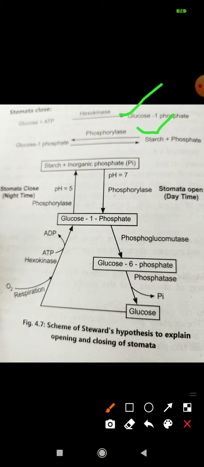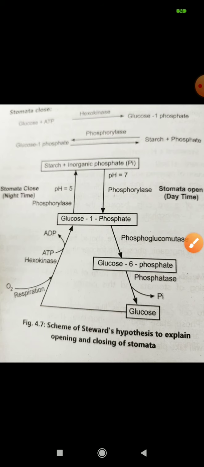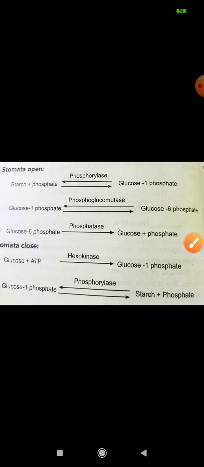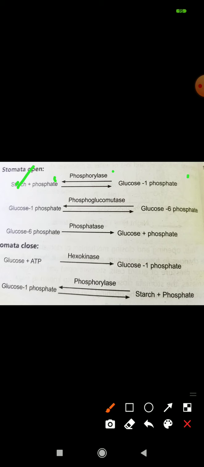Further it should be converted up to glucose.